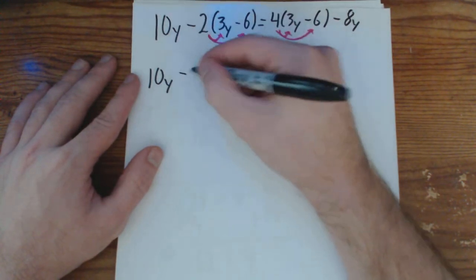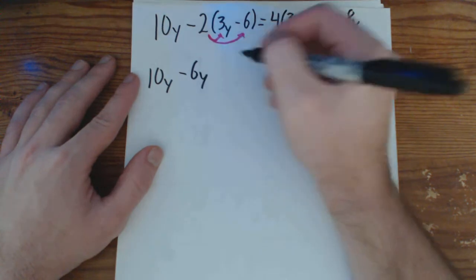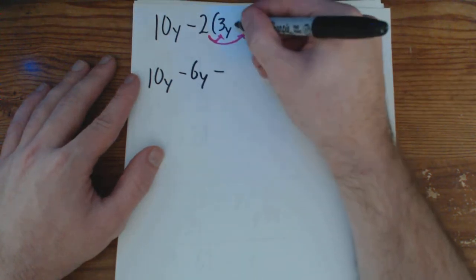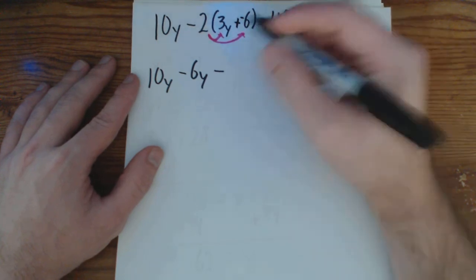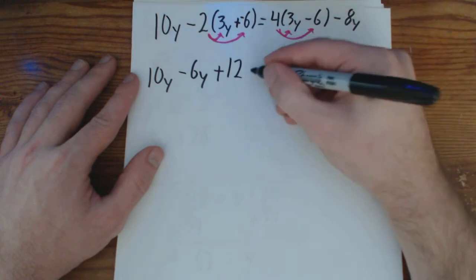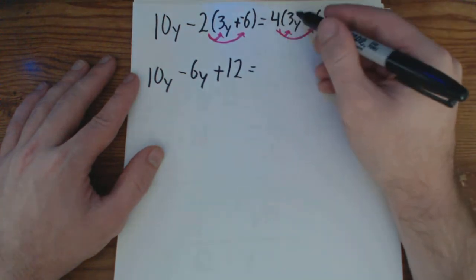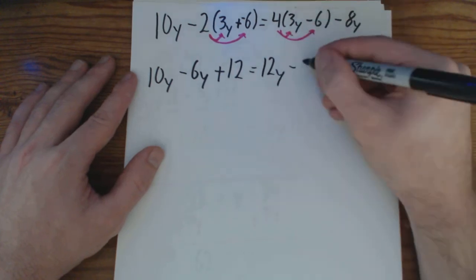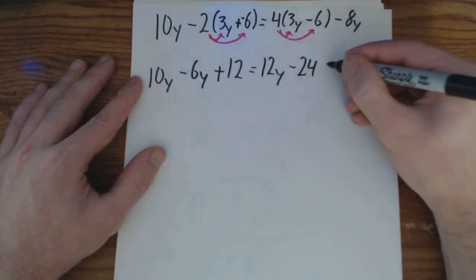Minus 2 times 3y, that's going to be minus 6y. Minus 2 times negative 6, again, we can rewrite this as plus negative 6. That's going to turn out to be plus 12, okay? On the other side of our equals, 4 times 3y is going to give us 12y, minus 24, and subtraction of 8y.